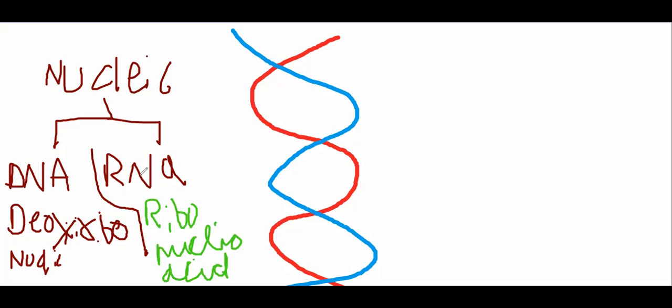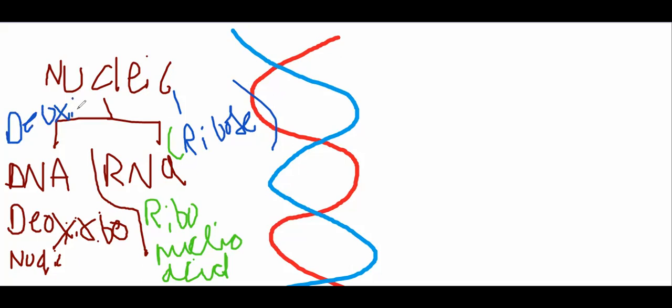RNA is made up of ribose sugar. When one oxygen atom of the ribose sugar is removed, it is called deoxyribose sugar.